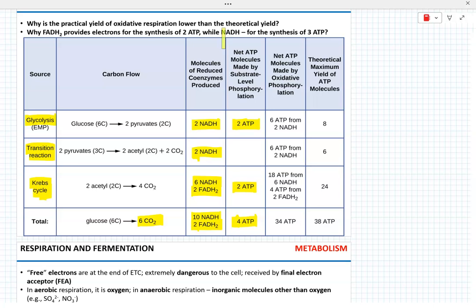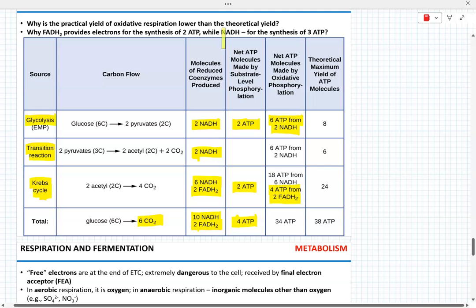Now, 1 molecule of NADH carries enough energy in its electrons to produce 3 molecules of ATP. Therefore, 2 molecules of NADH will generate 6 ATP molecules. 1 molecule of FADH2 carries enough energy in the form of electrons to generate 2 ATP molecules. Therefore, 2 FADH2s will be enough to generate 4 ATP.